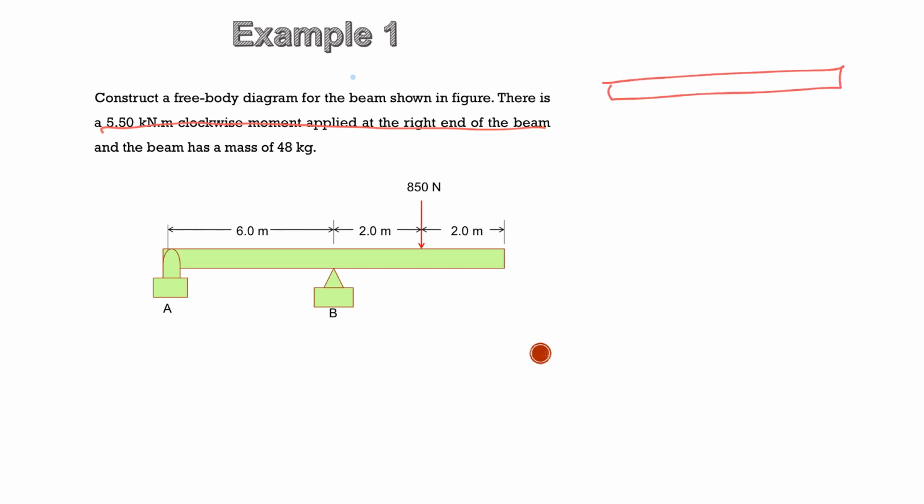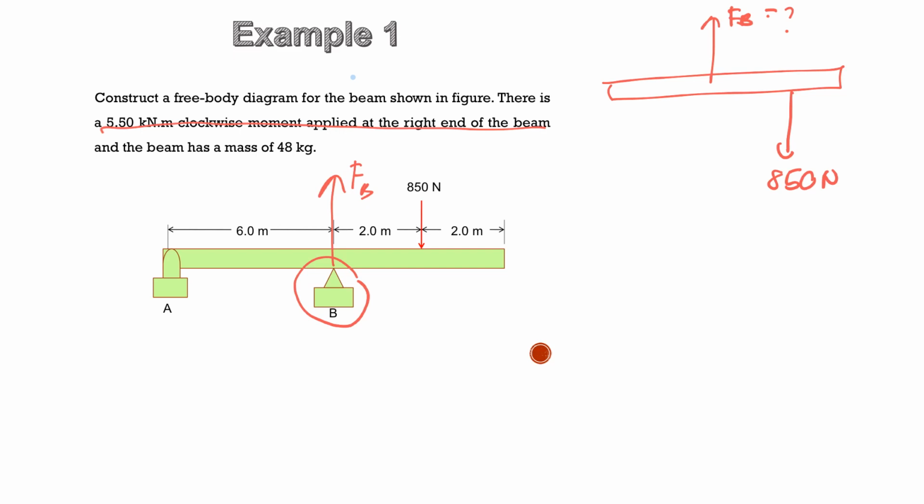Then you have the 850, make sure that it is always upward, and this one is in SI units. The direction of the force acting on the beam is going to be perpendicular, which is upward, so you put it as FB. For example, I give this FB, and we don't know the answer yet.